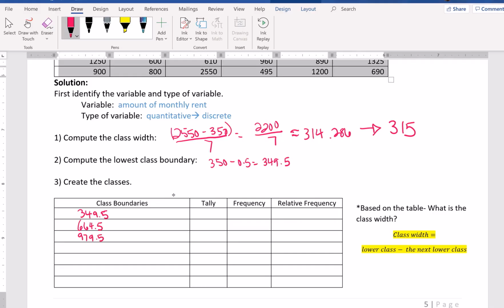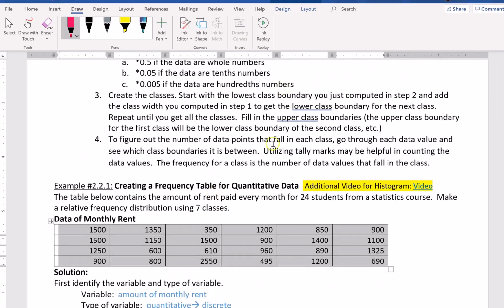Keep adding 315, and you should get the following. Make sure you try to do these on your own because practice is good. Those are your lower boundaries. So you repeated that till you got all the classes.